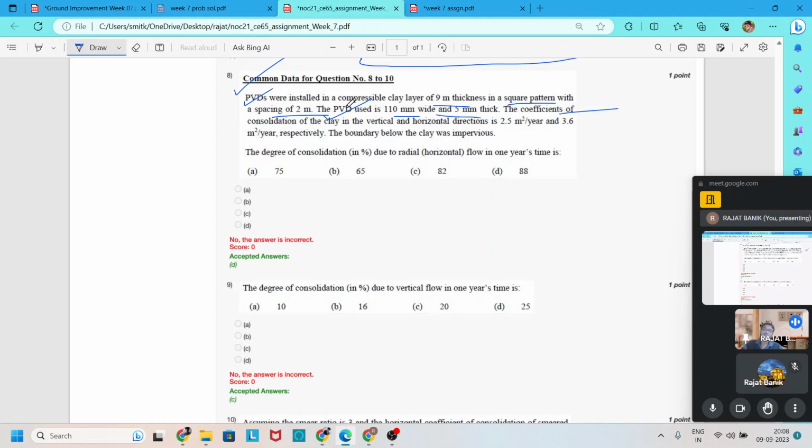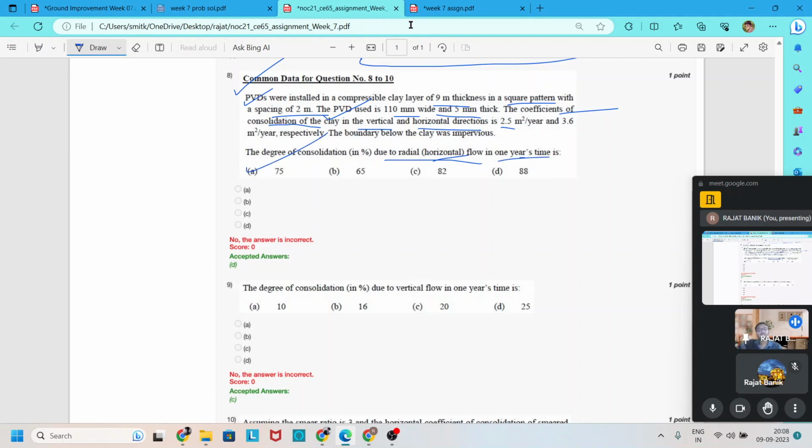The coefficient of consolidation in the vertical and horizontal directions is given as 2.5 meter square per year and 3.56 meter square per year respectively. And we need to find, in question 8, the degree of consolidation due to radial flow or radial drainage for 1 year.